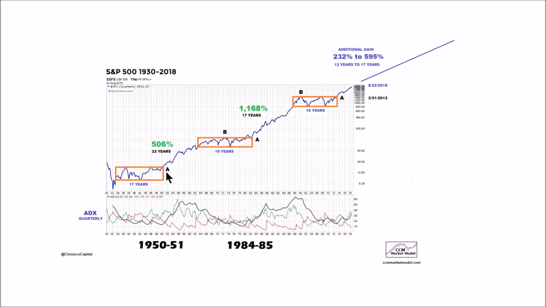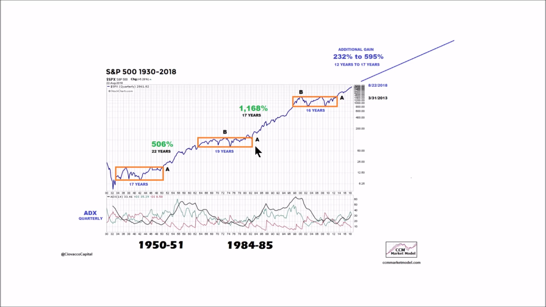This point A is very, very similar to this point A here, 1984 to 1985. This point A here is very similar to this point A here. In both cases, good things happened for a long period of time. The stock market rallied for an additional 22 years and gained over 500% after this breakout.